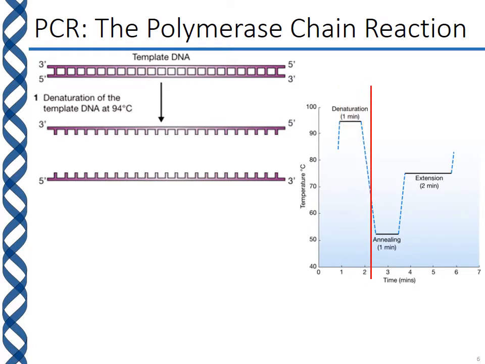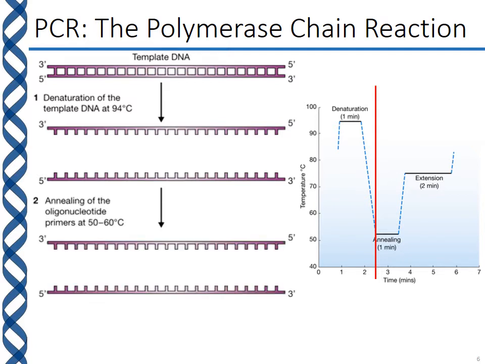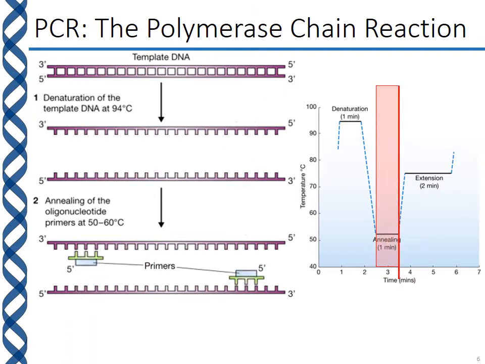After that, we lower the temperature down to, in this case, it looks like about 52. That is dependent on the DNA sequence of the primers, and we'll look at that in more detail later. But the general range is typically between 50 and 60, as you see in the diagram on the left. And so lowering the temperature down to that level allows the primers to bind.